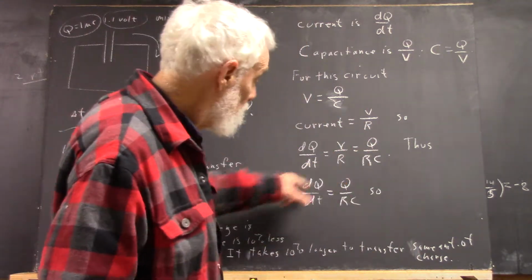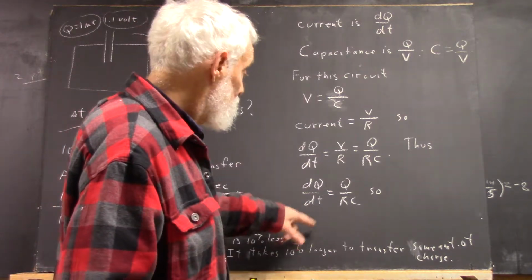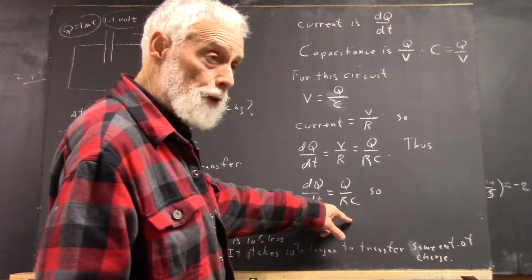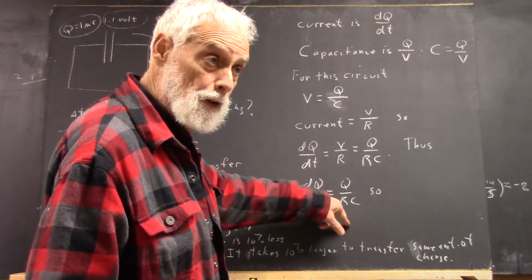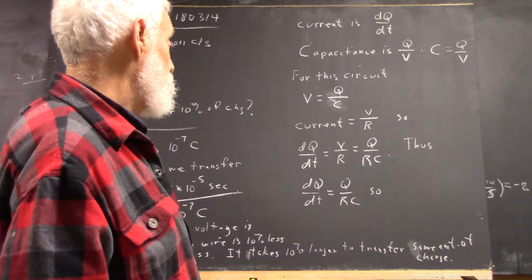Okay, separate it. dQ over Q gives you natural log of Q, right? dt over RC, integrate that, you get t over RC, right? Okay?